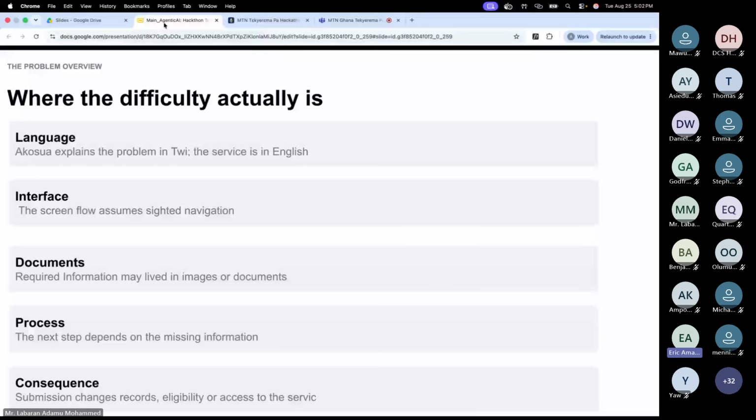My question is: when an agent is operating in a real production environment, say at MTN or a bank, where the data, user behavior, and context are constantly changing, how do you determine whether the agent should continue autonomously, replan, or hand the task over to a human? And what metrics would you use to evaluate that decision boundary?